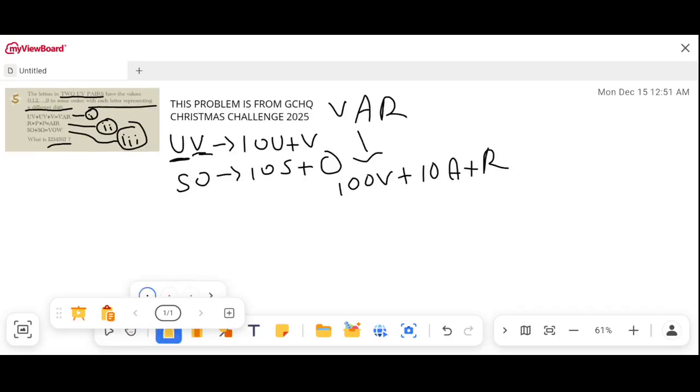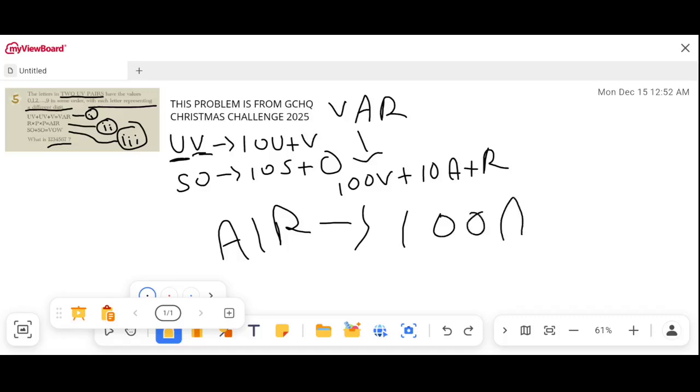Now we have the next one, which is AIR here. AIR. What type of R is this? Doesn't this look like D? But yeah, this is R. So this would become 100A, and we will write I like this so you don't get confused.